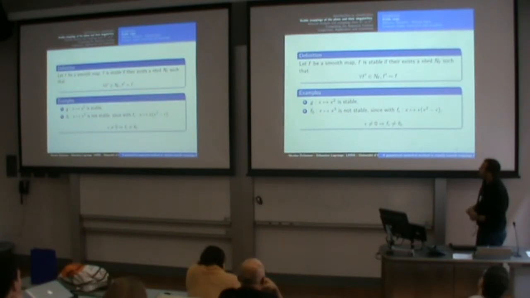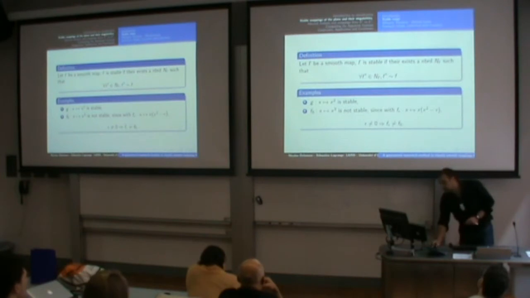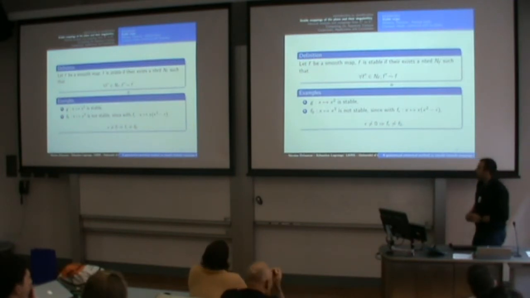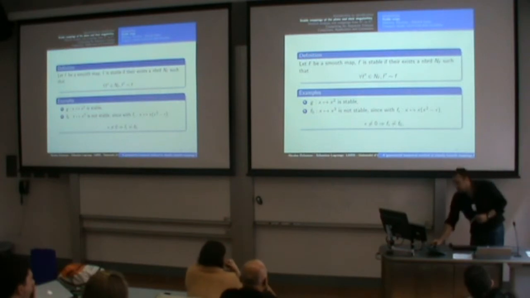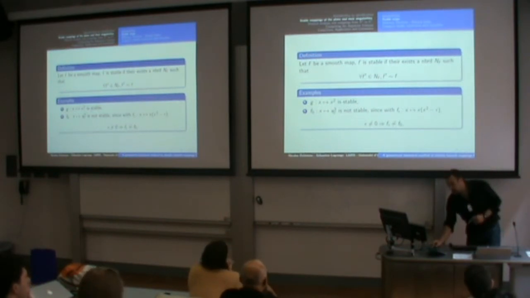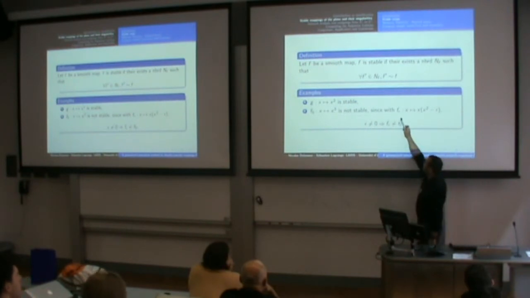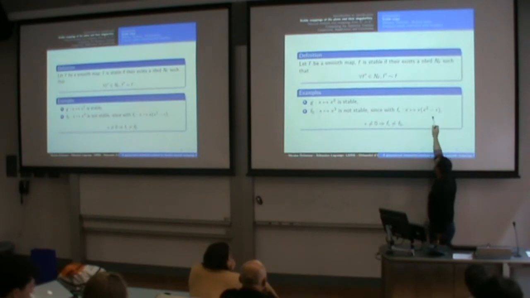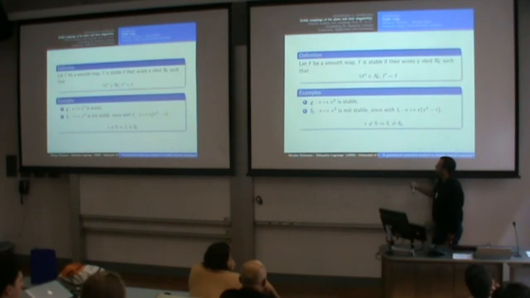A smooth map is said to be stable if there exists a neighborhood such that for each function inside this neighborhood, the two maps are equivalent. So first example, x squared is a stable map, but this one is not. Why? Because if you think about this map, parameterized by epsilon, if you take epsilon equal to 0, you obtain x cubed.